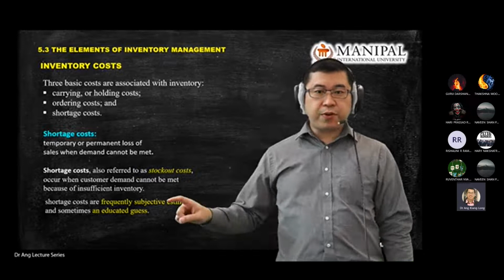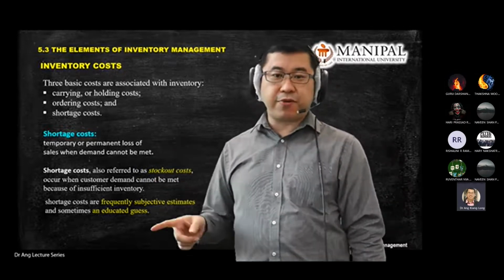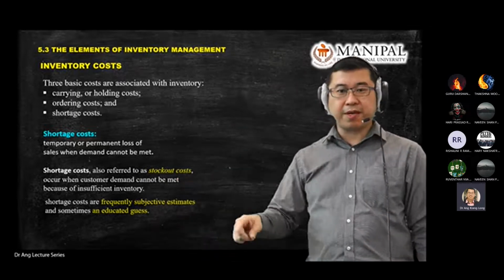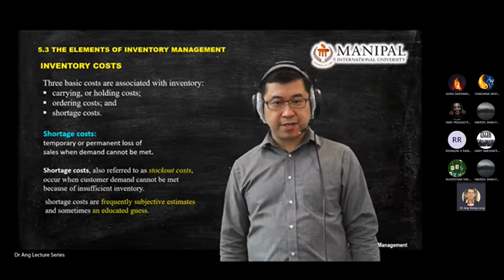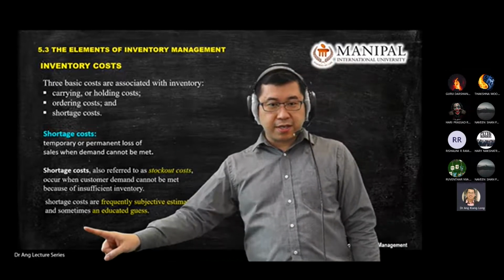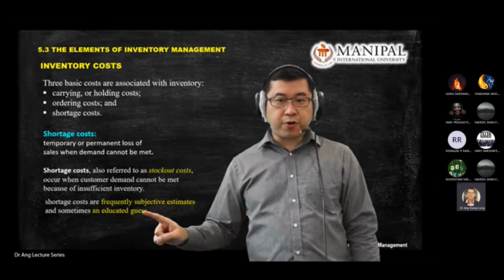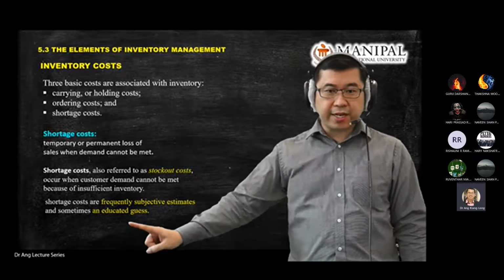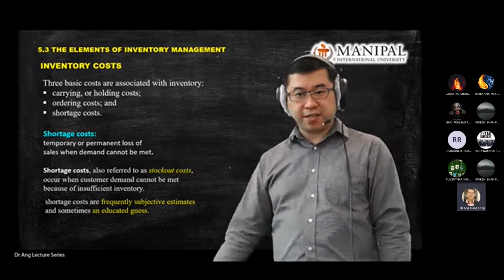You can only feel it after a few months, when we find out there's a drop in sales. You cannot find it in real time, but you can see the pattern after a period of time. We can do forecasting with what we learned in chapter 4. An educated guess means you can do forecasting.